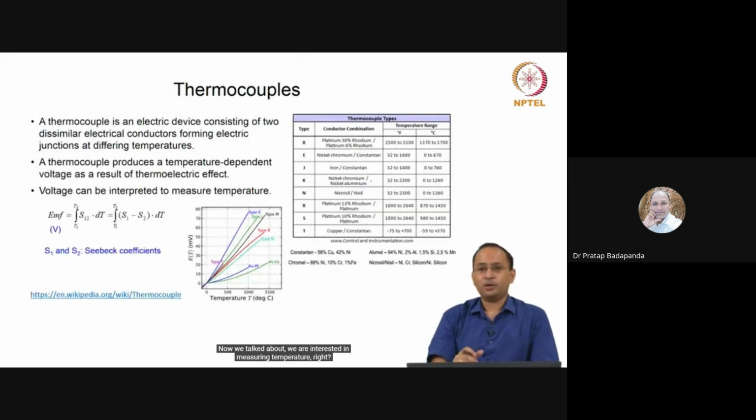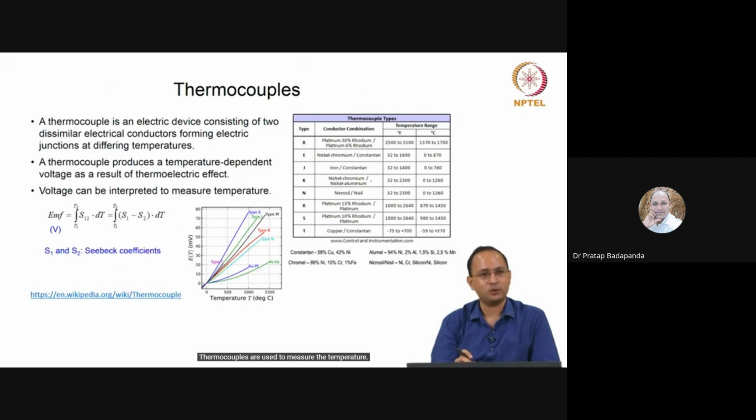Now, we are interested in measuring temperature, so it is important to understand the principle of thermocouples. Thermocouples are used to measure temperature, and there is something involved in that. It is not very easy to measure temperature when we are talking about 1000, 1500, 1600, 1700 degrees Celsius.